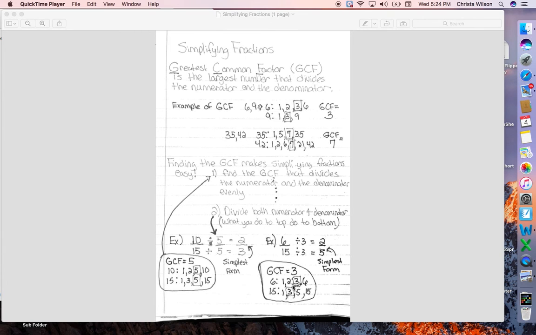Okay, see how they both have a 3 in their factor table? So remember, whatever we do to the top, we do to the bottom. We're going to divide the numerator by 3 and the denominator by 3, and it's going to create an equivalent fraction in its simplest form of 2/5. So simplifying fractions is pretty easy using the GCF method.